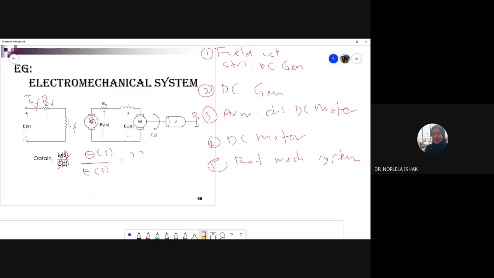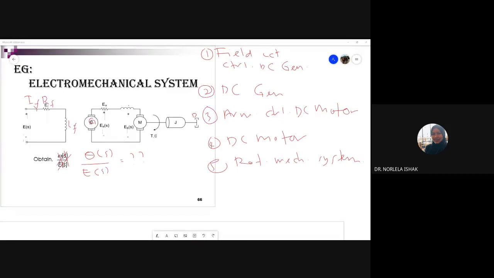The last one is the rotational mechanical system. What equation can you derive from it? I'll give you 10 minutes. Try listing the equations, following the subsystems.